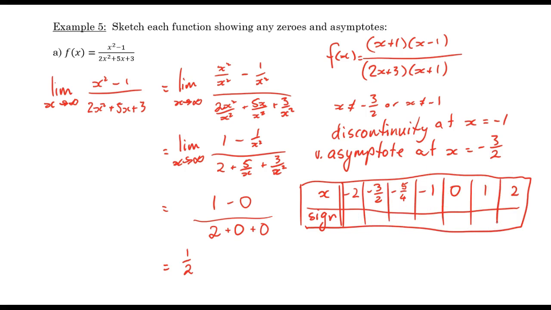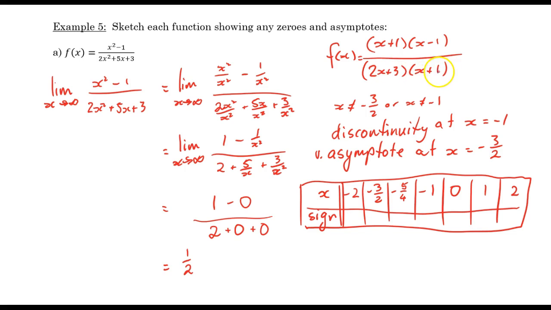Righto. So what happens when x equals negative 2? My denominator is positive. Negative 2 plus 1 is negative 1, negative 2 minus 1, negative times a negative, the numerator is positive. My denominator, negative 4 plus 3 is negative 1.